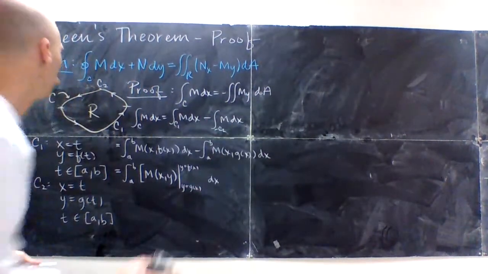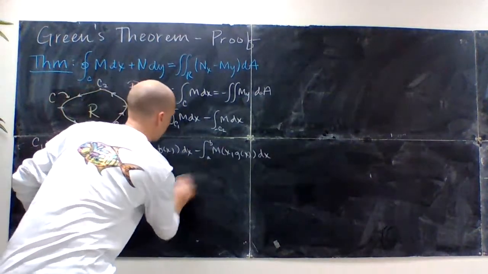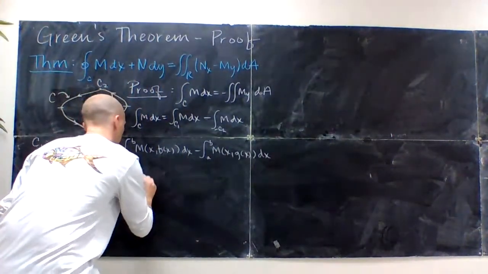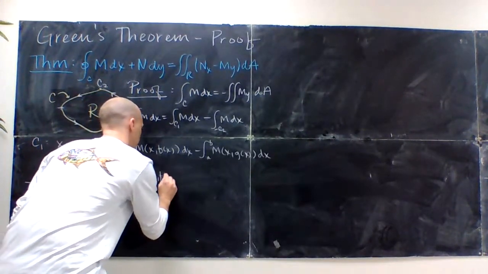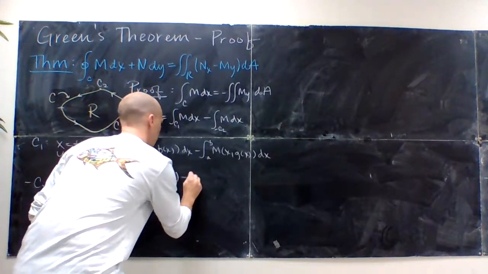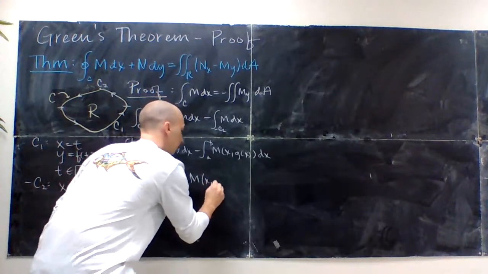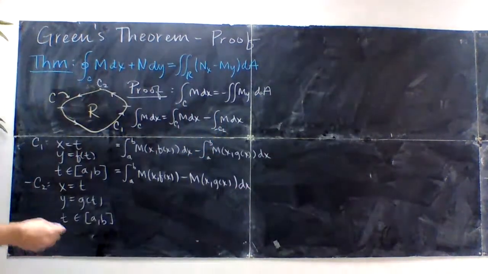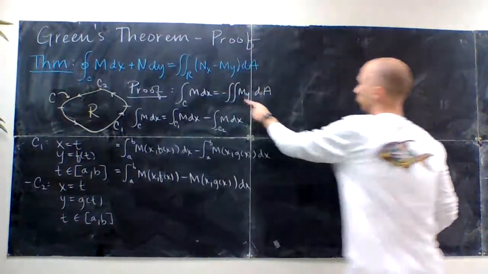So really what I want here is to just subtract the integrands. So this is m of x and f of x minus m of x and g of x dx. Then over here, I want to work on this double integral.